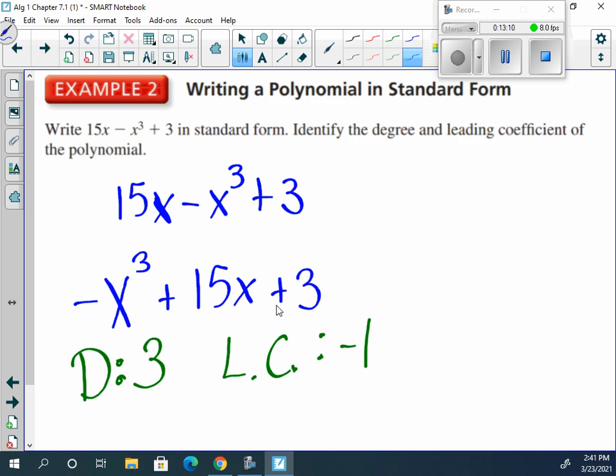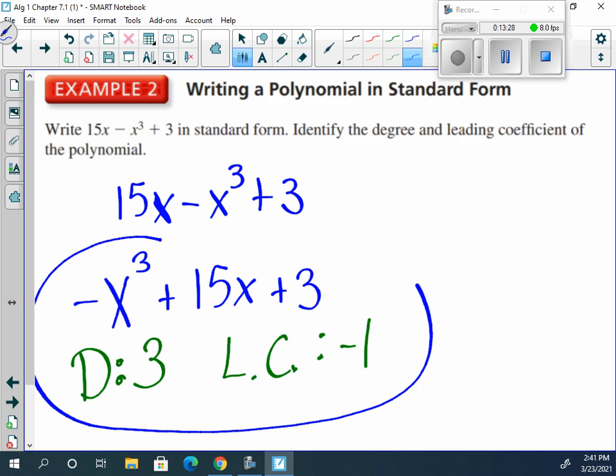Negative 1. And if there's not a number written there, it's understood to be 1. But because of the negative, it would be negative 1. And that's it. So that there is our answer: standard form and degree and leading coefficient.